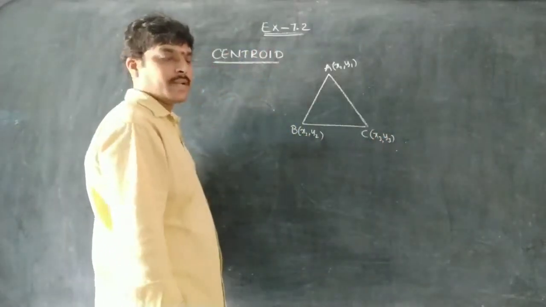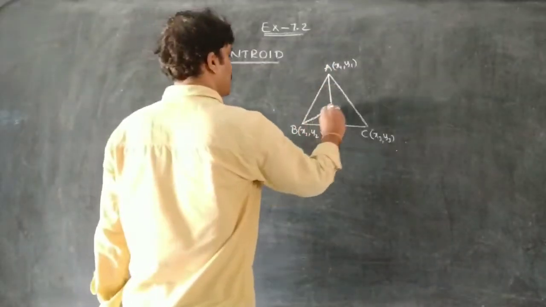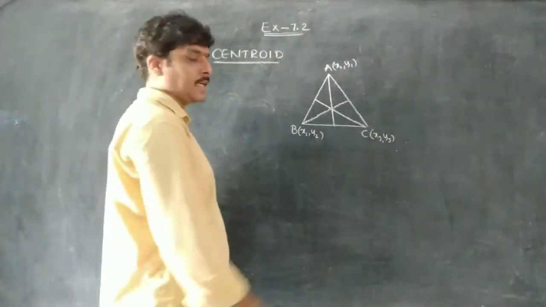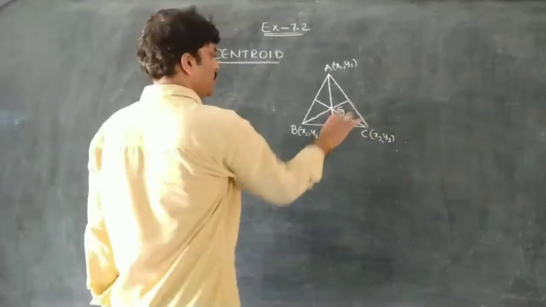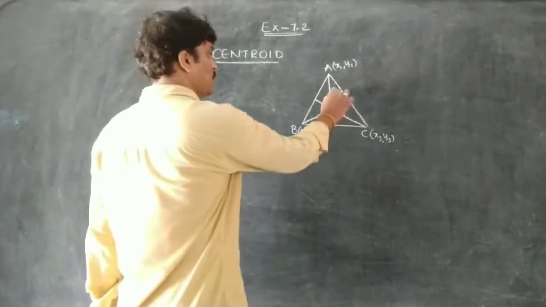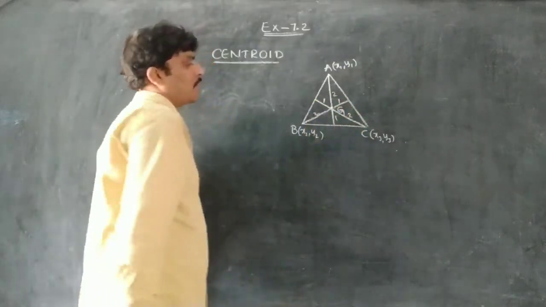Now these three vertices, point of concurrence of medians is called centroid. That is denoted by G. Now centroid divides each median in the ratio 2:1.